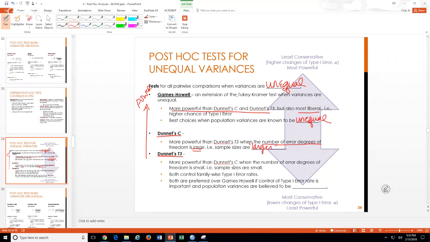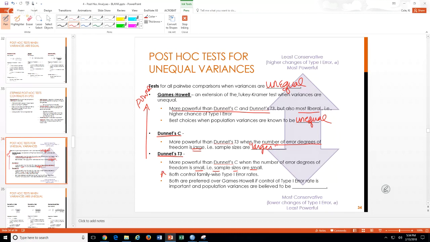And I'll put that in quotes. What is large when we're in this class? Well, probably if they're greater than 30, that tends to be a common threshold for sample size being large for an ANOVA test. But if the sample sizes are smaller, less than 30, then Dunnett's T3 tends to be more powerful.